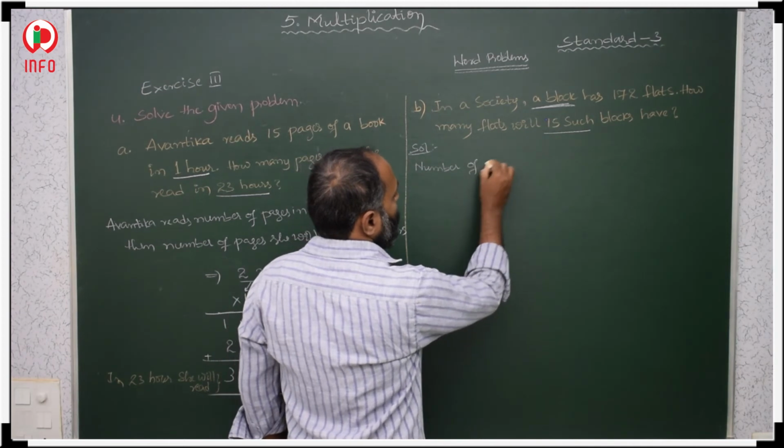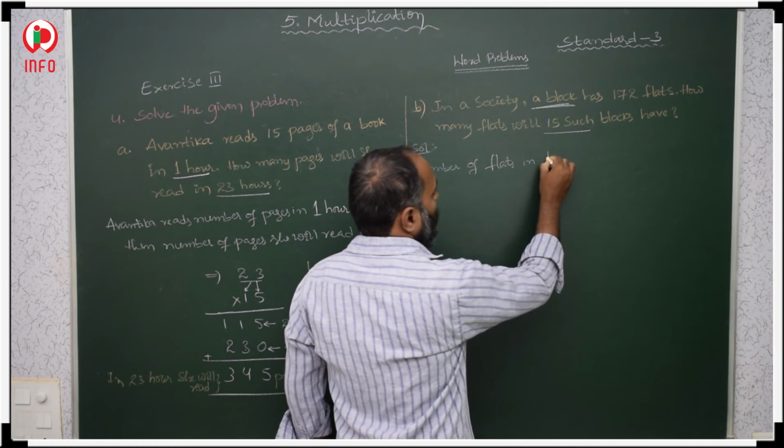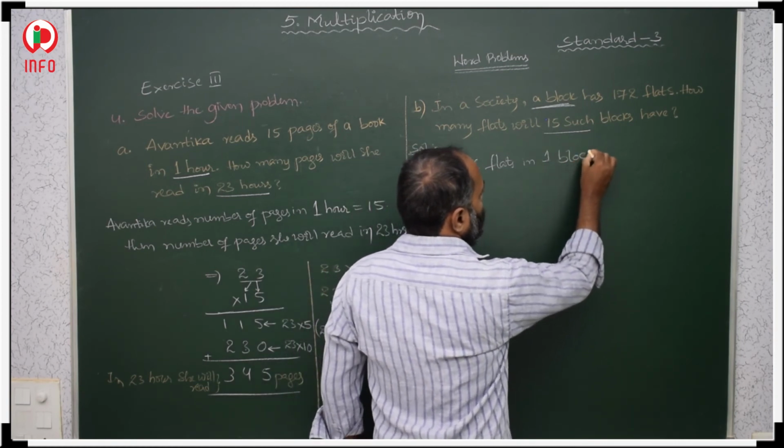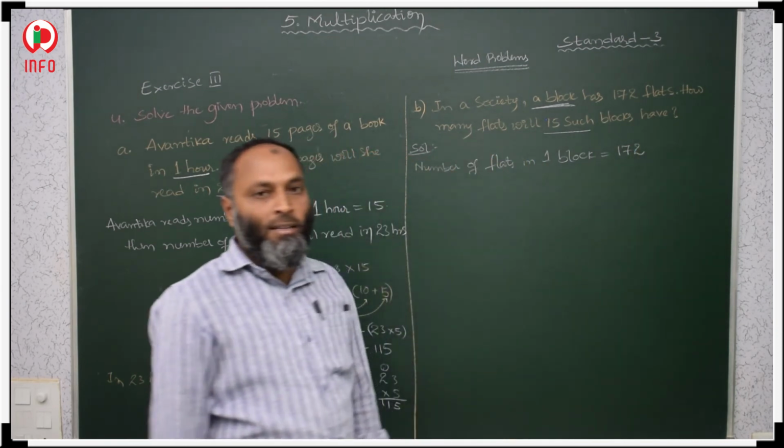Number of flats in one block. How many? 172 flats are there in one block.